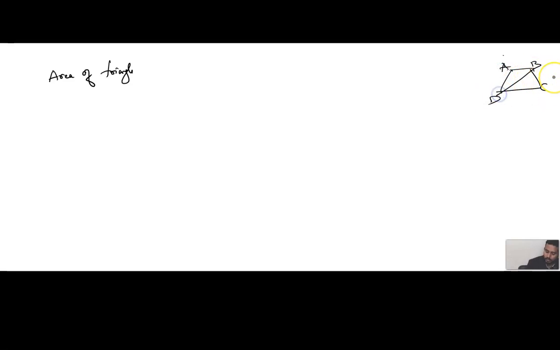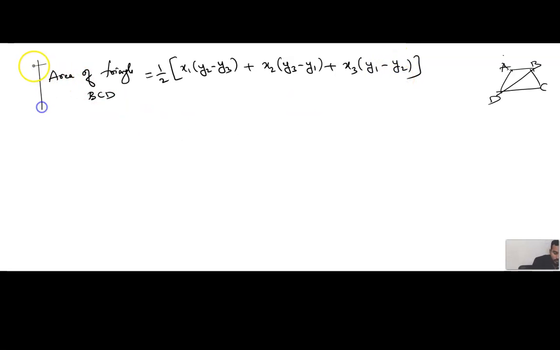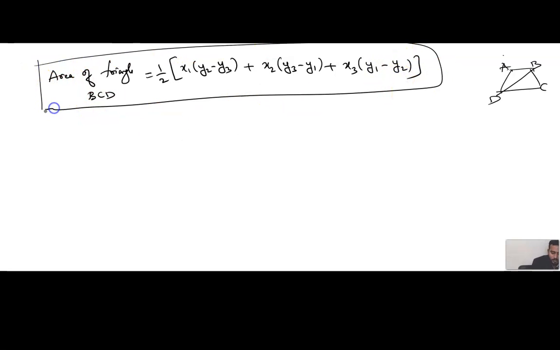See here once again, ABCD. Now we have to solve BCD. Area of triangle BCD is equal to half into x1 into (y2 minus y3) plus x2 into (y3 minus y1) plus x3 into (y1 minus y2). Now let me write the coordinates of BCD.